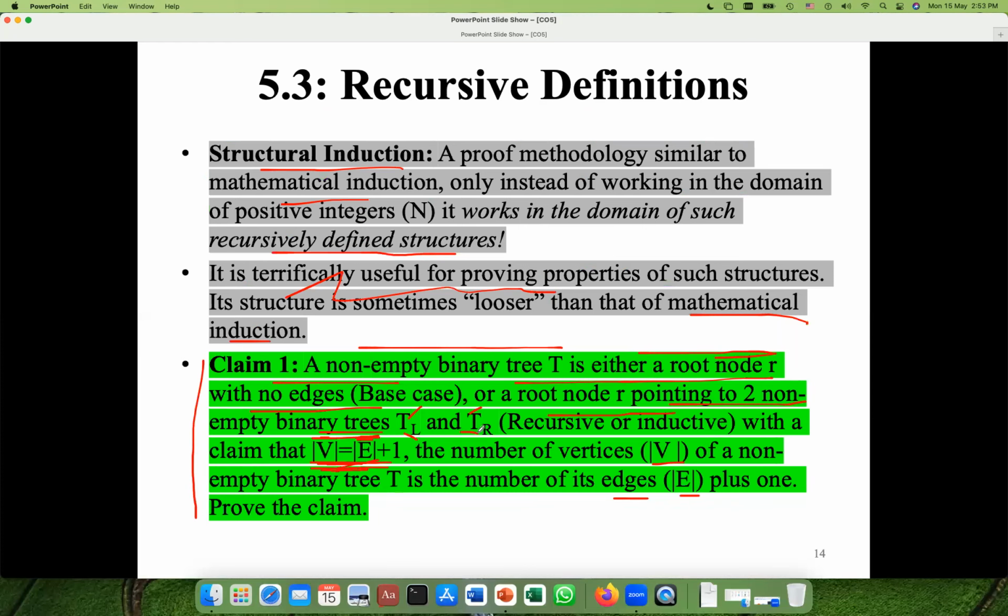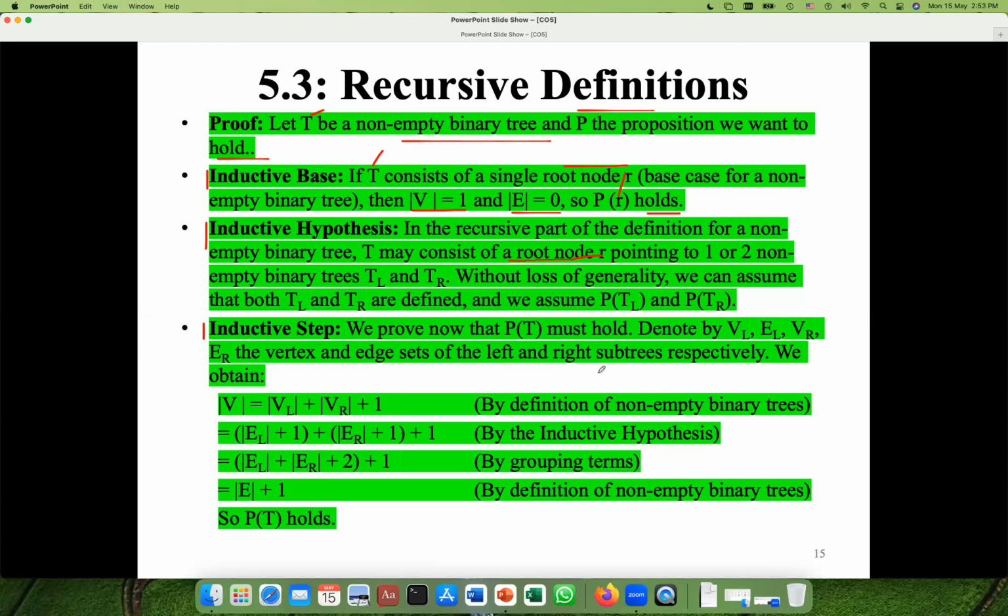This is the recursive part. So now the binary tree has further subtrees, TL and TR. TL is the left binary tree, TR is the right binary tree.